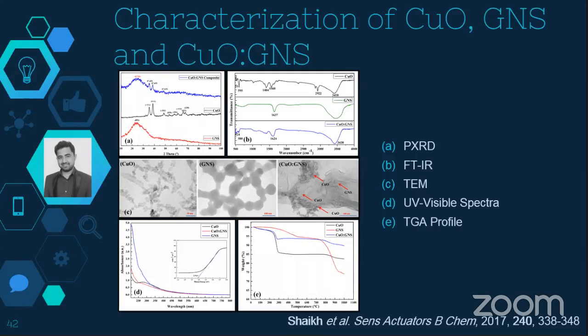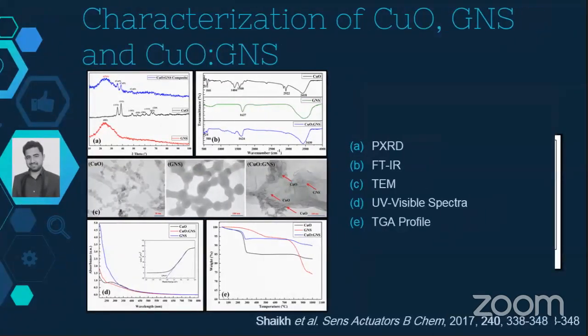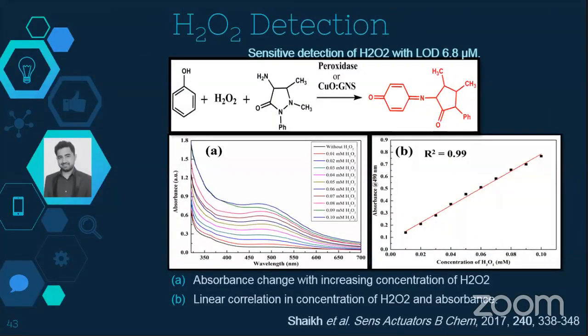So having this, we have seen how the sensitivity detection of H2O2 is observed. You can see the H2O2 detection is done when a phenol is treated with H2O2. It forms this particular moiety, and by using peroxidase, or the copper oxide or the copper oxide GNS composite, the sensing material, you can actually see the absorbance changes with increase in the concentration of H2O2 here.